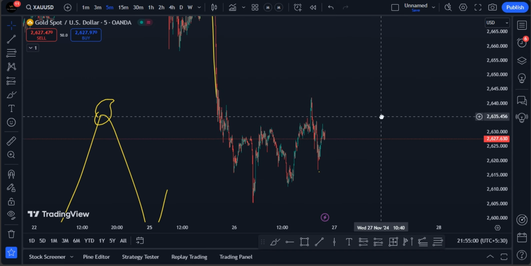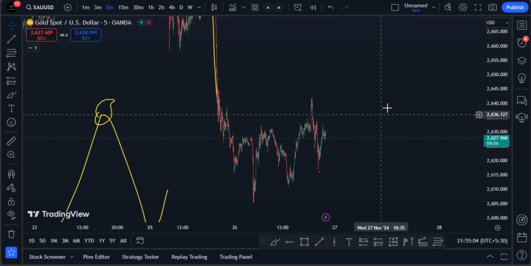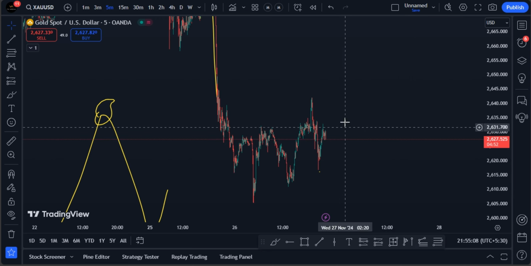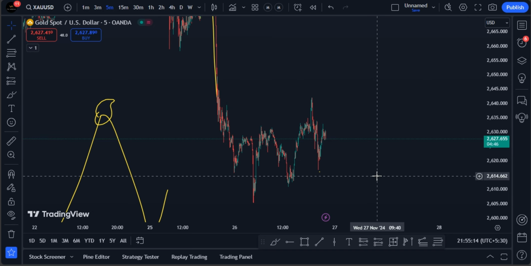So we might be able to see a couple of market momentums just over here. While the market is in correction, we can make some buy trades and sell trades as short term trades.